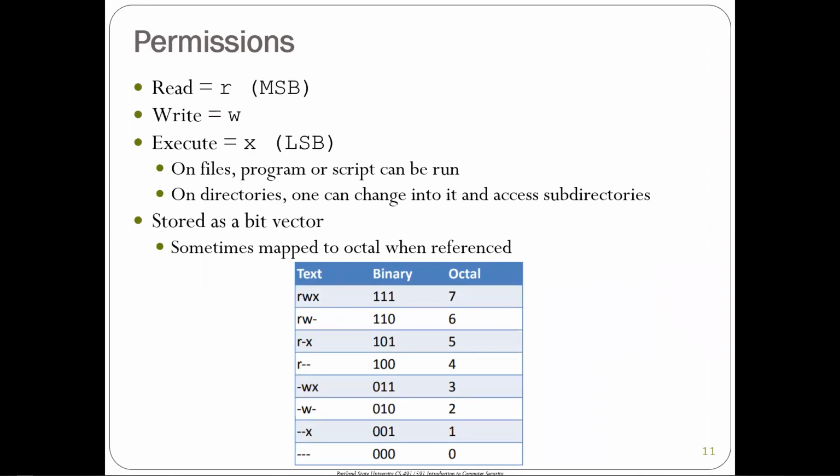And when you store these as a bit vector, you can refer to these triplets in octal format, right? Because there are 3 bits, you can store these as numbers 0 through 7. And so that's the shorthand for when you're specifying permissions in these permission commands that we'll use in a second here. Okay.